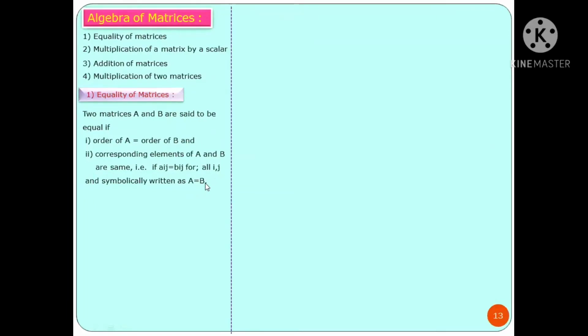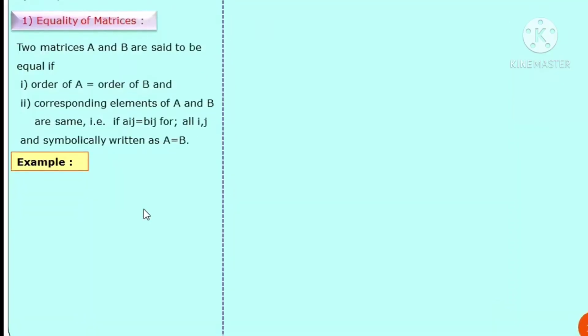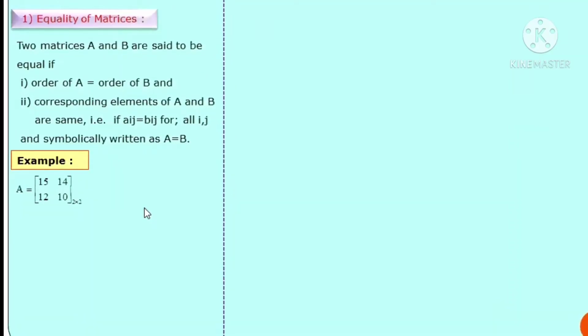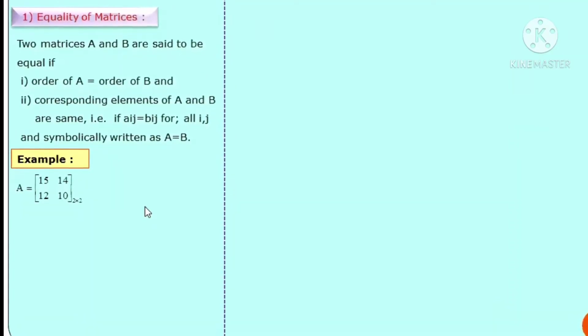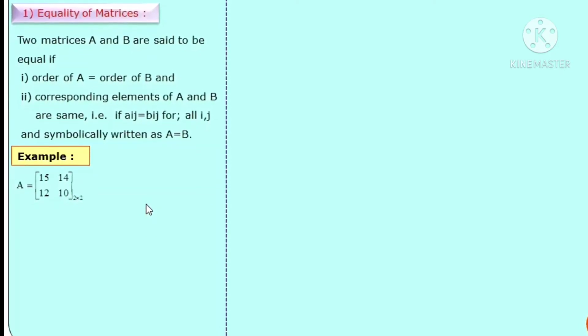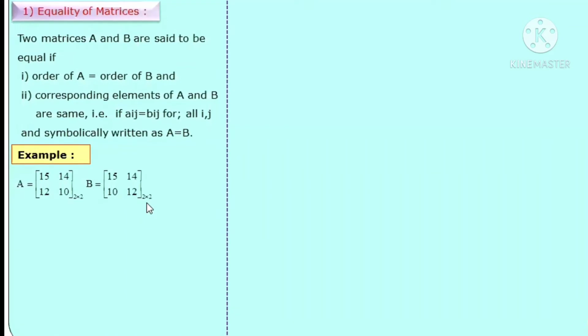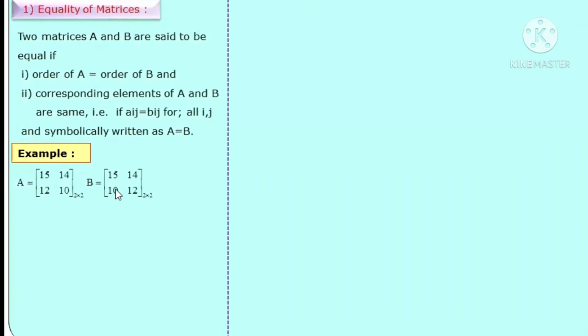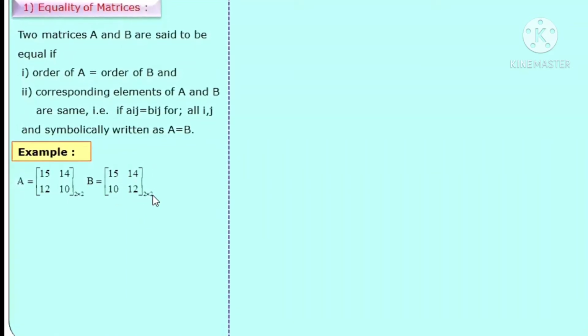Here the two simple conditions are: one, the order of both matrices must be the same, and second, corresponding elements of A and B are the same. Example: observe matrix A, elements 15, 14, 12, 10, order 2 by 2. Second matrix B has elements 15, 14, 10, 12, order 2 by 2.